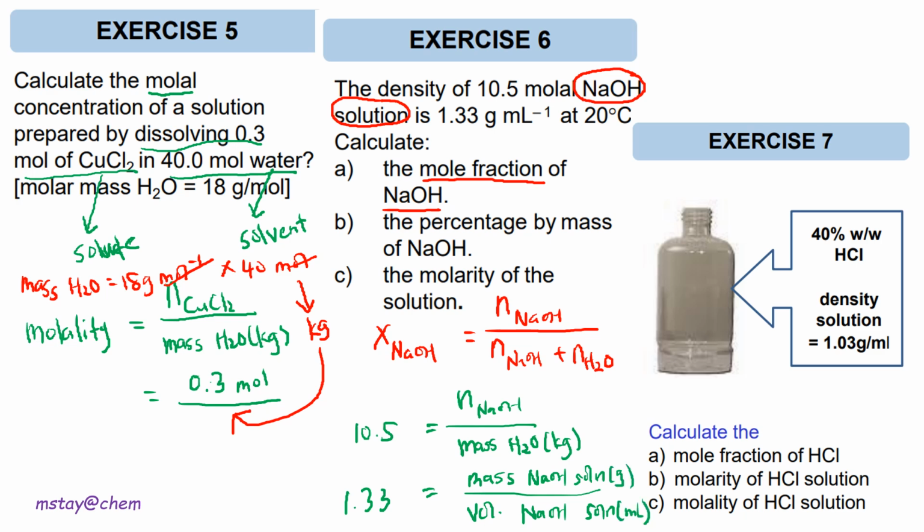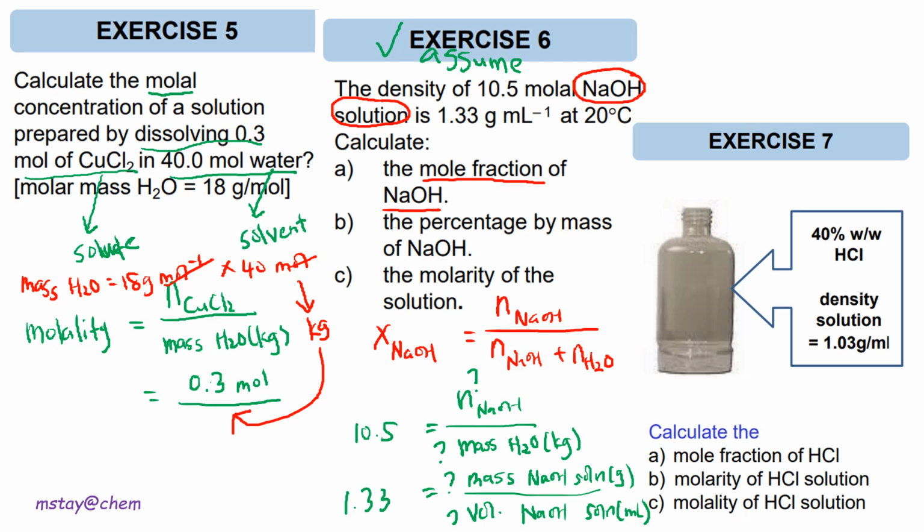Based on the question, we have no idea what the number of moles of NaOH, mass of water, mass of NaOH solution, and volume of NaOH solution are. Therefore, for this question, we need to make an assumption.